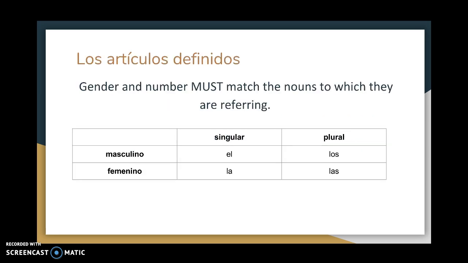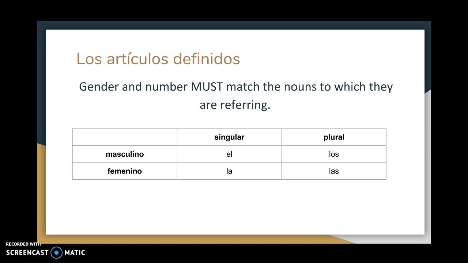When we're dealing with los artículos definidos, they need to have the same gender, in other words, masculine and feminine, and number, singular or plural, as the nouns that they're talking about. So, for example, if I want to say the book, I need to say el libro.